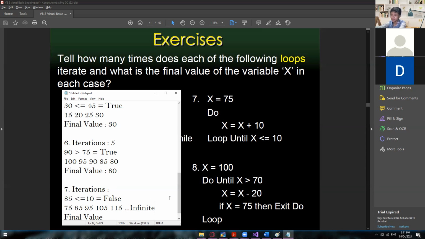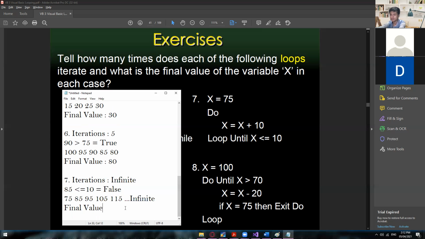In other words, we have infinite loopings in here because this will never make the condition stop. So in here, for the iterations, you can just write infinite, and then the final value is also infinite, or infinity.